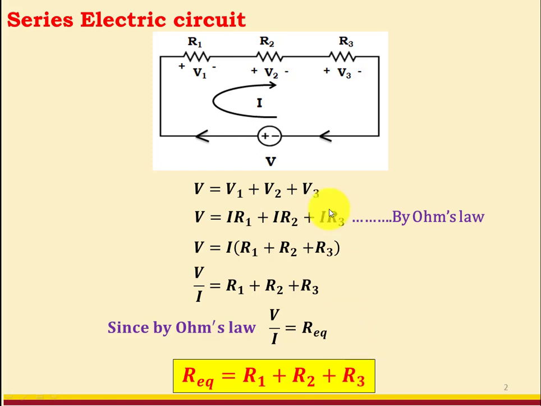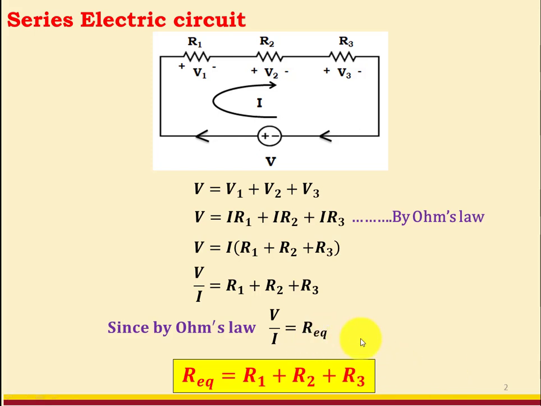Now this is if there are three resistors connected in series. If there are two resistors, equivalent resistance will be R1 plus R2. Or in general, if there are n resistances, then equivalent resistance will be R1 plus R2 plus R3 so on up to Rn, that is nth resistance.